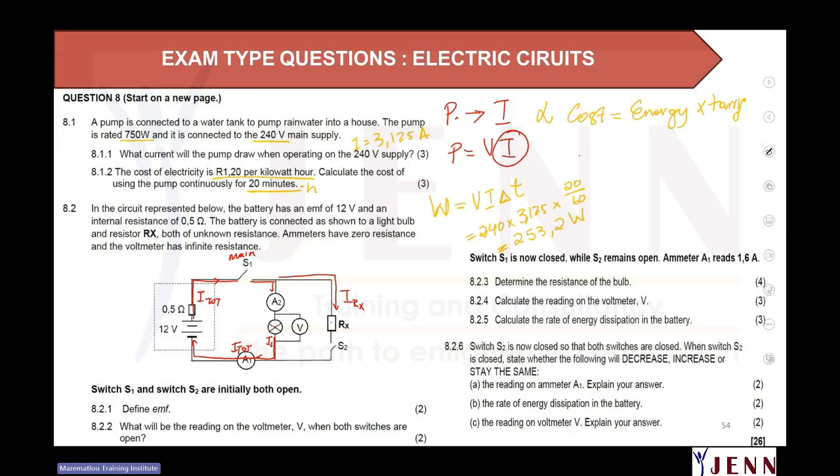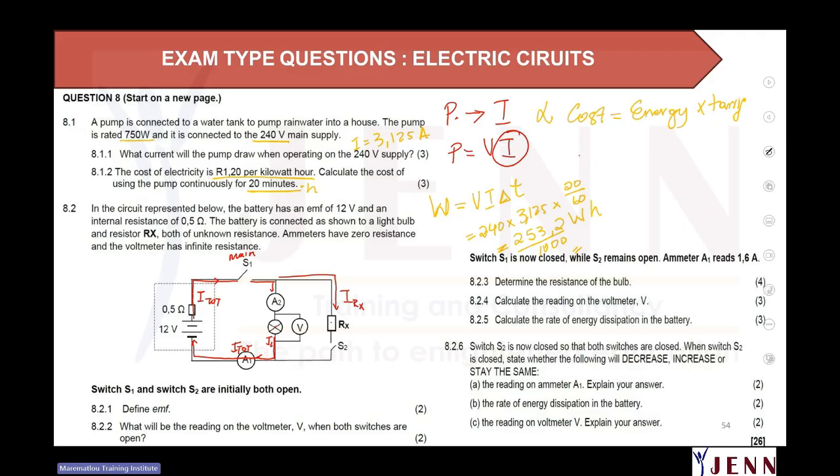Watt hour. It's 253,2 watt hour. Now we want it in kilo. This is watt hour here, so we just need to convert this. We divide it with 1,000 so that we get kilowatt hour.